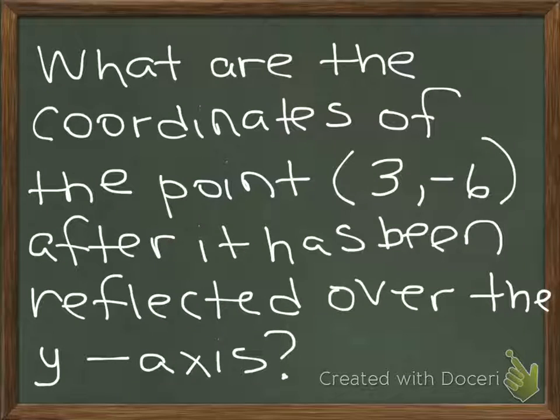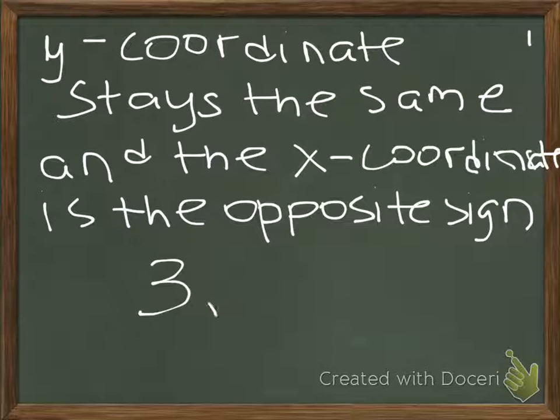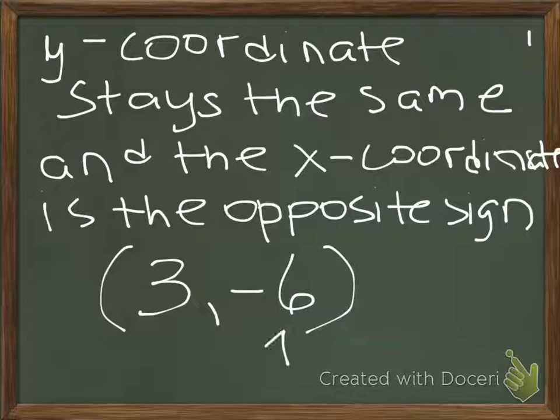So if we look at our point, 3, negative 6, and I'm reflecting this point over the y-axis, my y-coordinate is still going to be negative 6, but my x-coordinate is going to be opposite of 3, which is negative 3. So my new point is negative 3, negative 6.